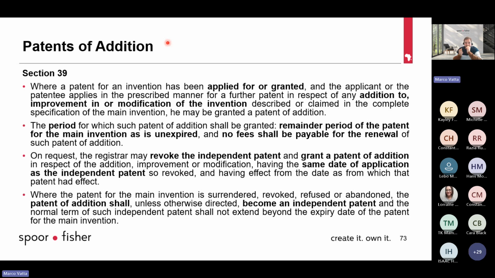Then where the patent for the main invention is surrendered, revoked, refused, or abandoned, the patent of addition shall, unless otherwise directed, become an independent patent, and the normal term of such independent patent shall not extend beyond the expiry of the patent of the main invention. So a patent of addition will never be able to extend the life of that invention. It will always have the same life as that of the main invention.